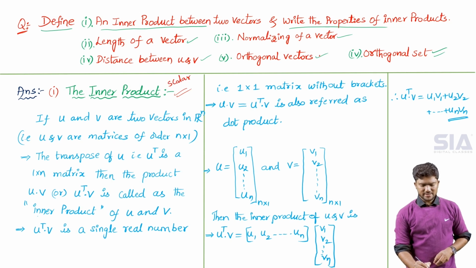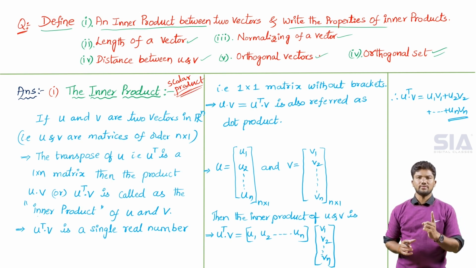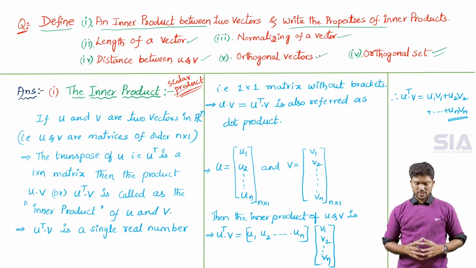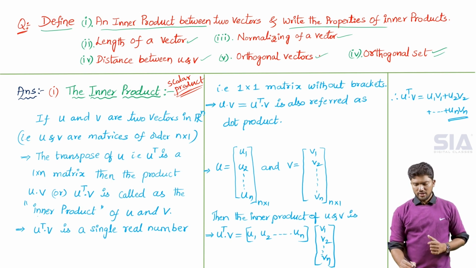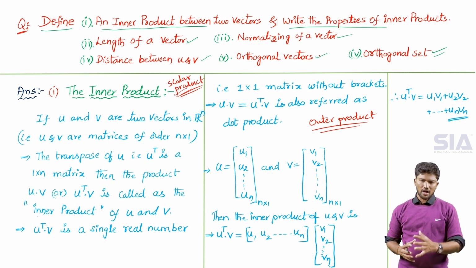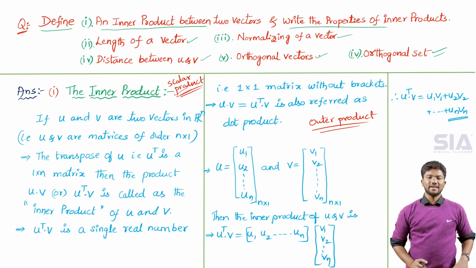In the name itself we clearly have scalar, and scalar is nothing but only one value. That is called inner product. We also have another word, outer product. That concept is not in our syllabus, so we are not discussing it, but briefly we can discuss outer product also. First of all, we start with inner product.